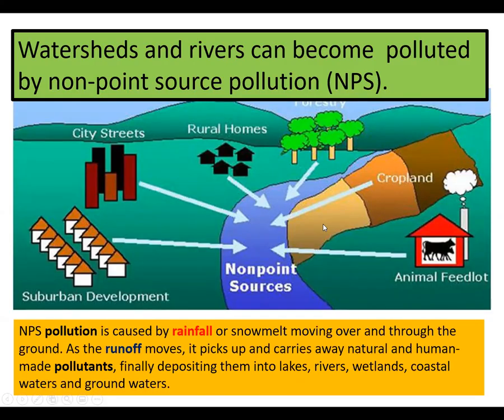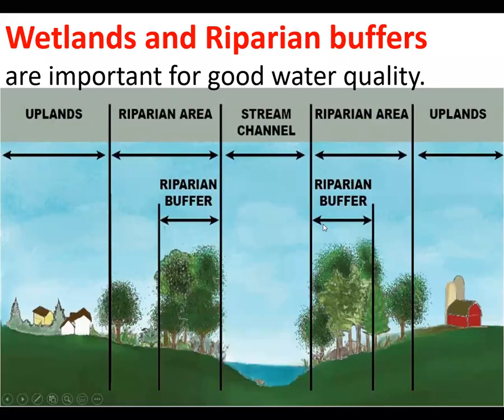Let's continue. Now, another thing that you probably have noticed is that most rivers have a lot of trees and grasses and shrubs on both sides. So this is the river bank here, this is the river bank here. This is a healthy river. Why? Because it has these vegetations on both sides.